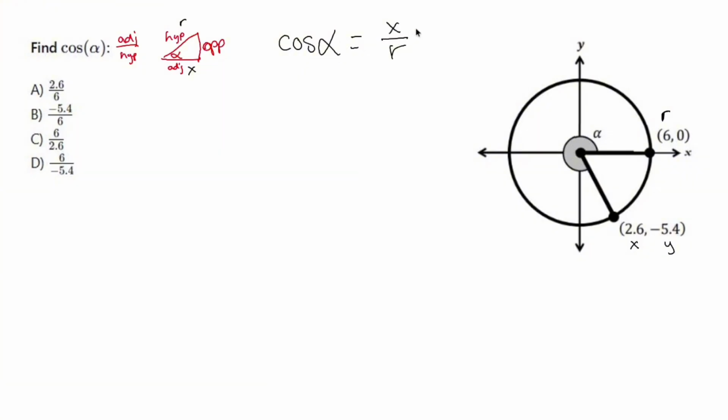Memorize that cosine is x over r. Once you do that, I can look at this information and say, all right, my r is 6 and my x is 2.6. So cosine alpha is going to be 2.6, my x value, over 6, my r value. And that is going to give me A over here. That's how you do it.